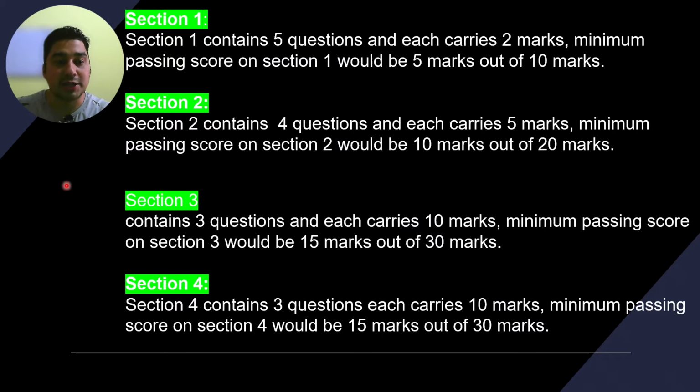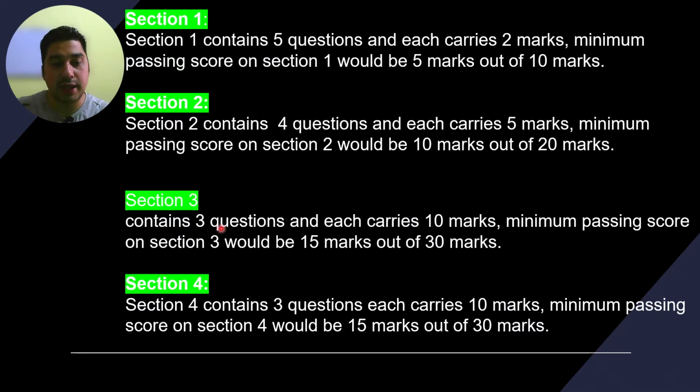Now section 1 contains 5 questions and each carries 2 marks, as I informed you. The minimum passing score on section 1 would be 5 marks out of 10. As I said, section 2 has 4 questions and each question will be 5 marks. Minimum passing score on section 2 would be 10 out of 20 marks.